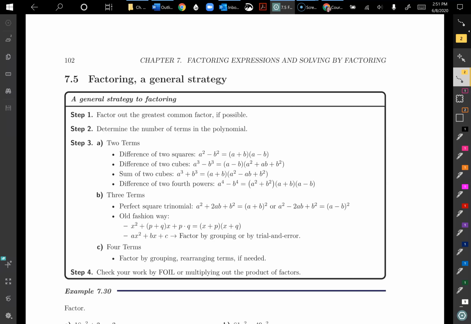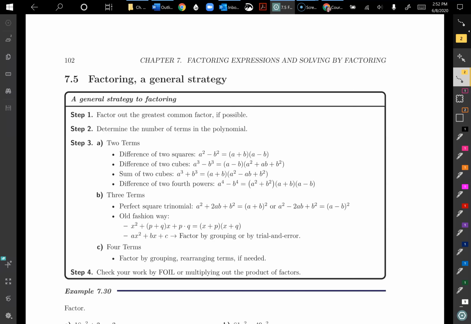It just might be only a GCF, like back at the first section of 7.1. Then always check. FOIL if it's just 2 binomials, but then multiply by the GCF as well, or anything else that's involved. If you have the 2 fourth powers, you have a lot more to check as well.